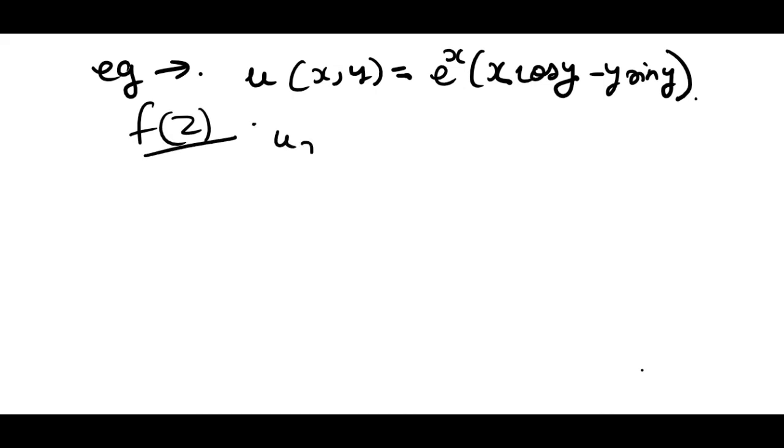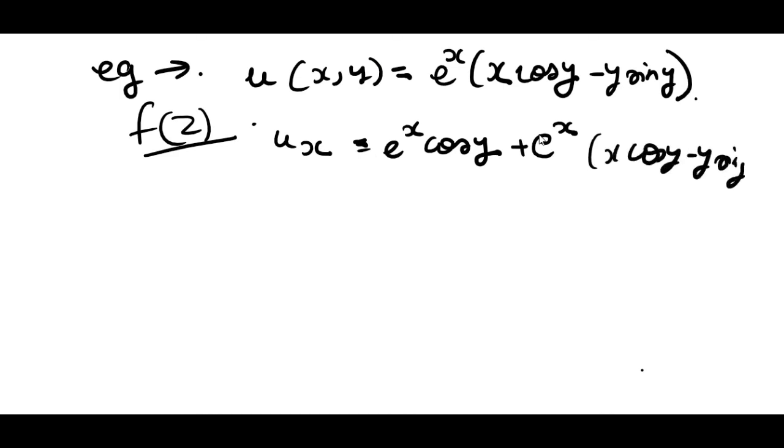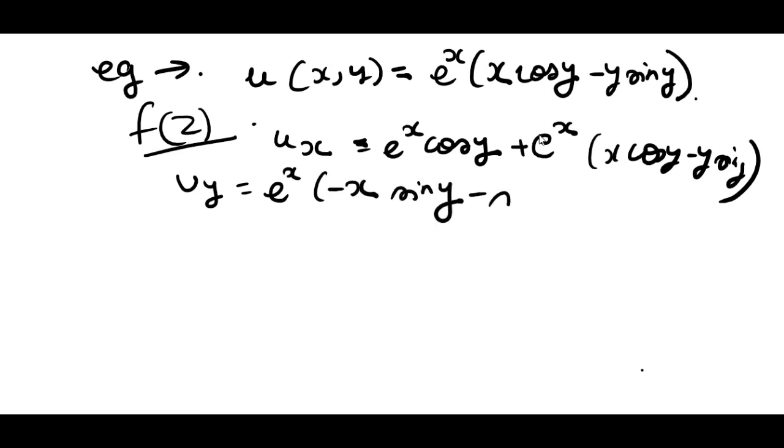So first we find ux, which is e^x cos y plus e^x (x cos y minus y sin y), and then uy will be e to the power x times (minus x sin y minus sin y minus y cos y).